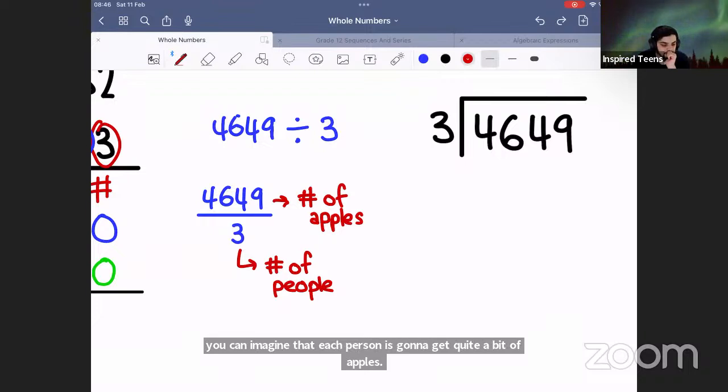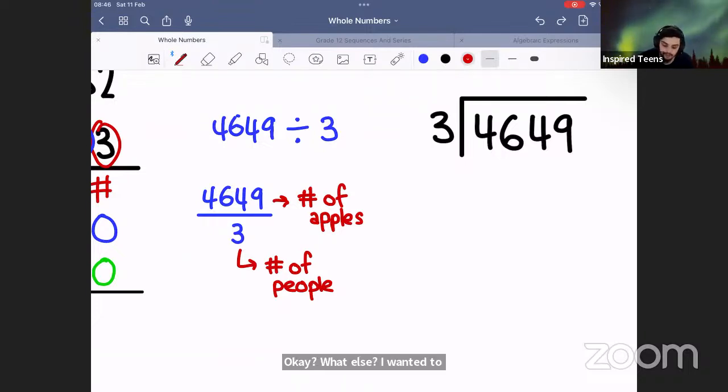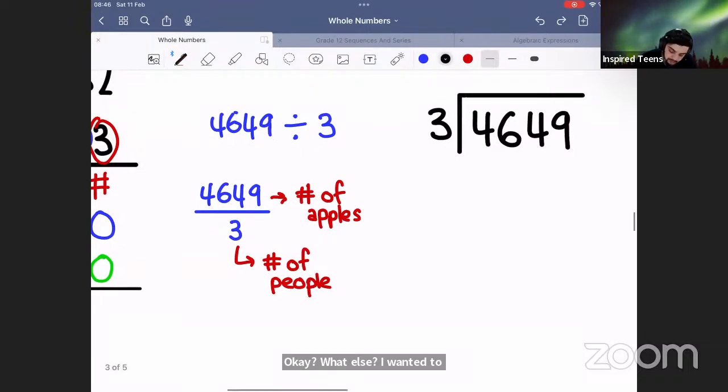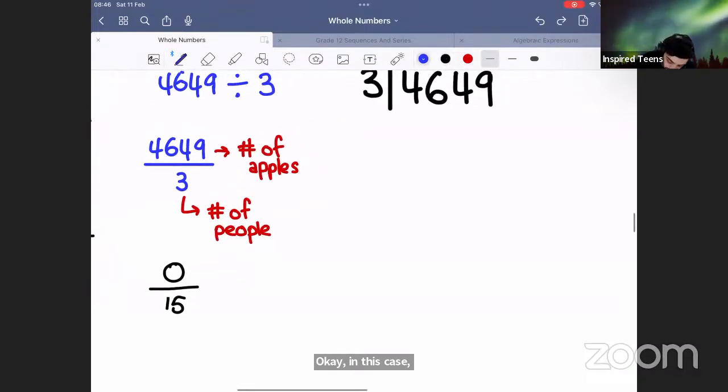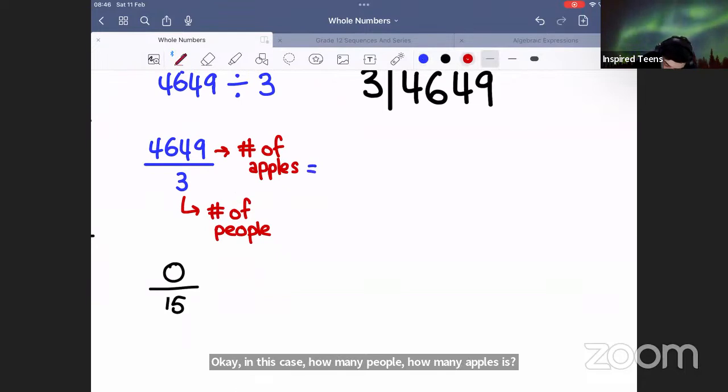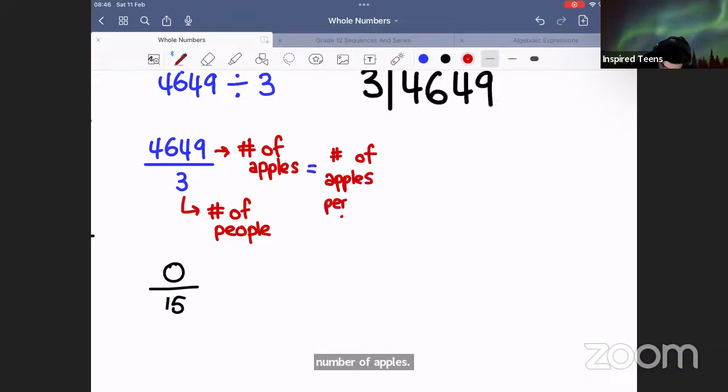What else I wanted to say? Yes. So that's why when it comes to dividing by 0, for example, let's start with the other one. Let's just say we have 0 apples and we divide it by 15 people. Your final answer is equal to the number of apples per person.